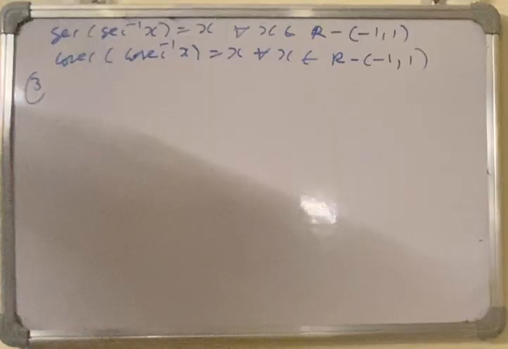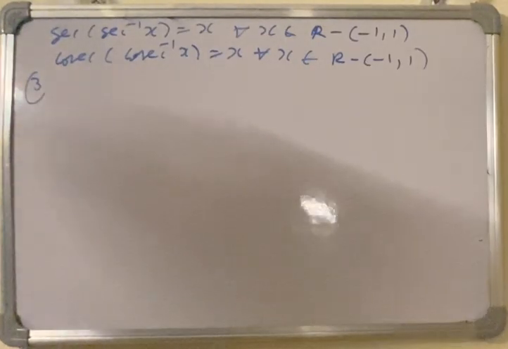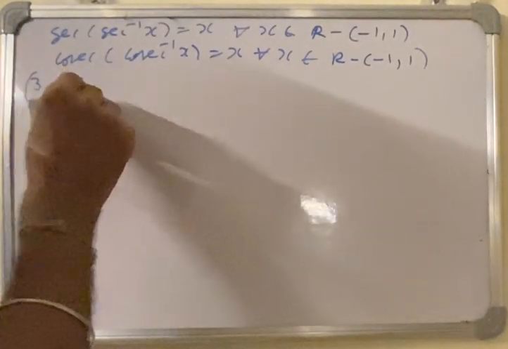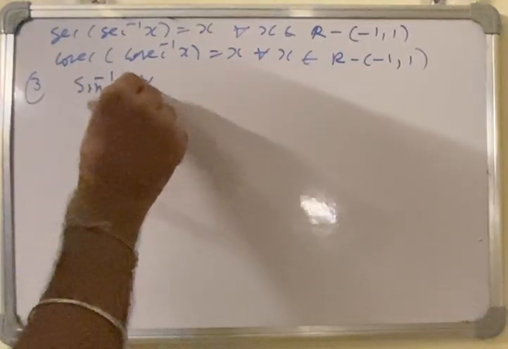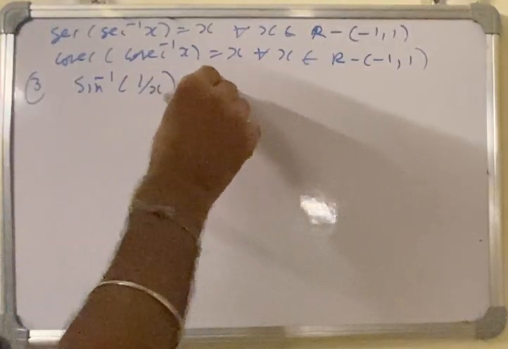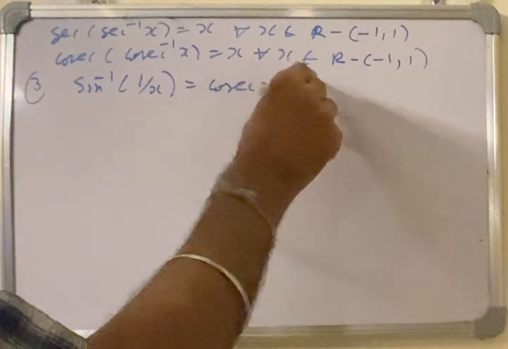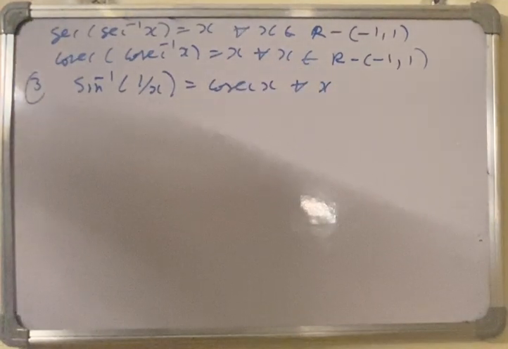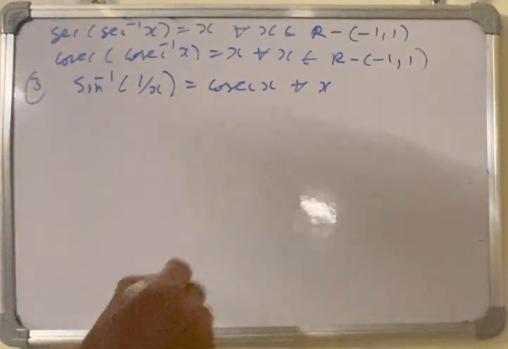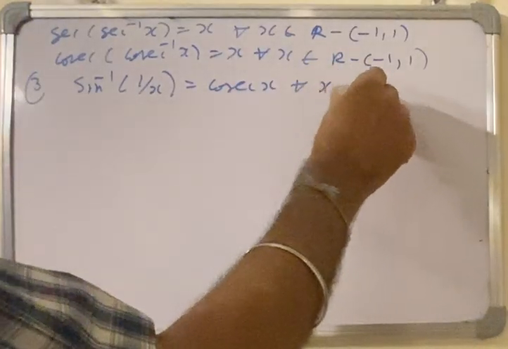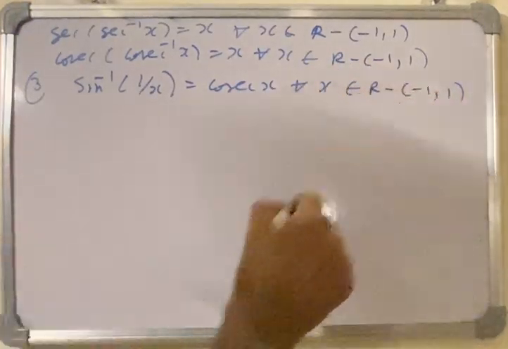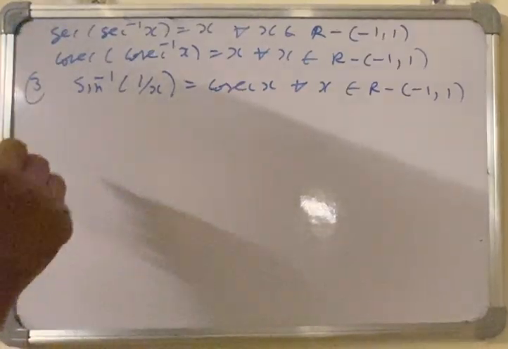Sine inverse 1 over x is equal to cosecant inverse x for all x belonging to R minus the open interval minus 1 to 1.